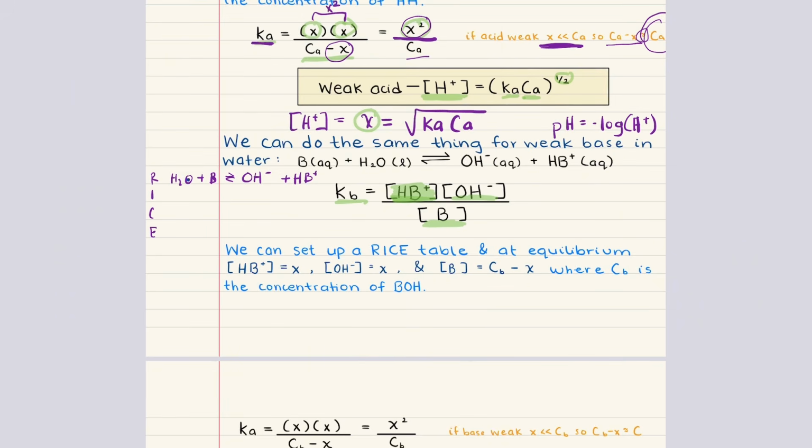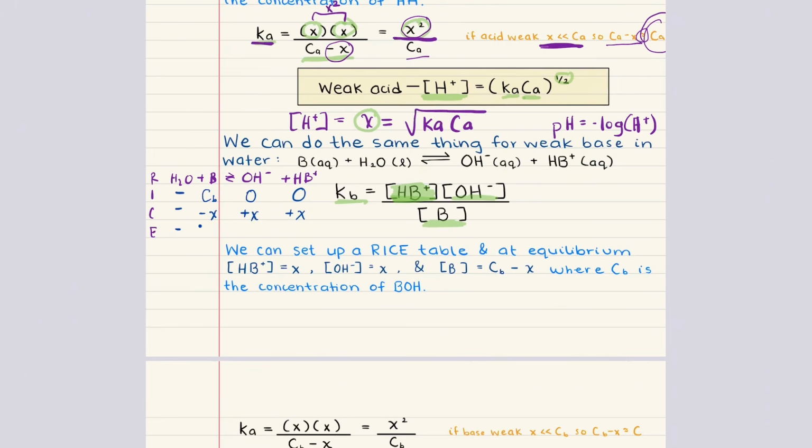We write out the reaction at the very top, and then we're concerned with initial concentrations. We start with an initial concentration of our base. We're going to denote that as C_B. At the start, there is no hydroxide or conjugate acid present. But of course, as the reaction proceeds, some amount X of the weak base reacts, and it forms X hydroxide ions and X conjugate acid.